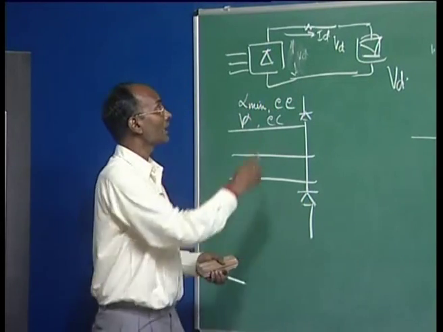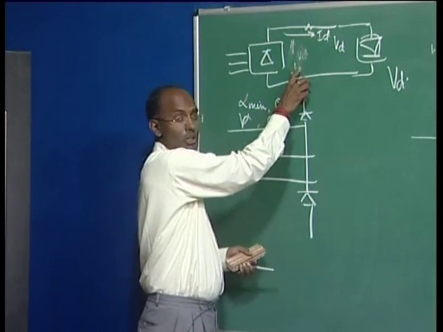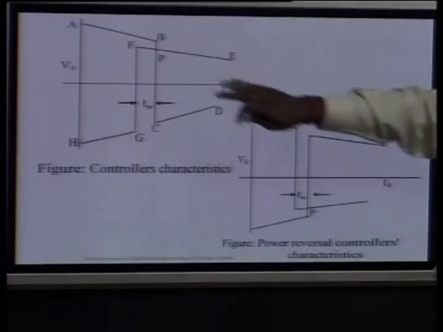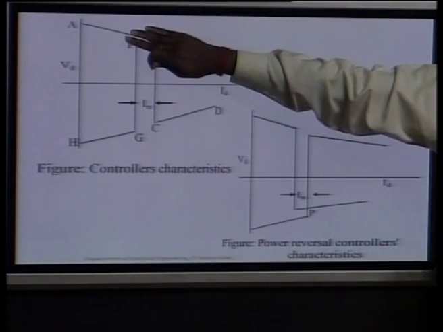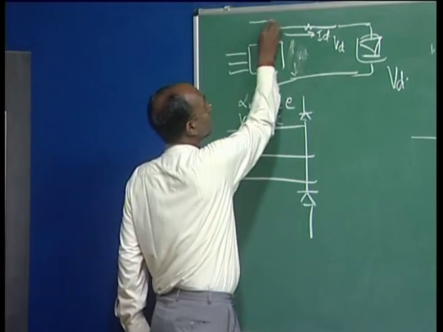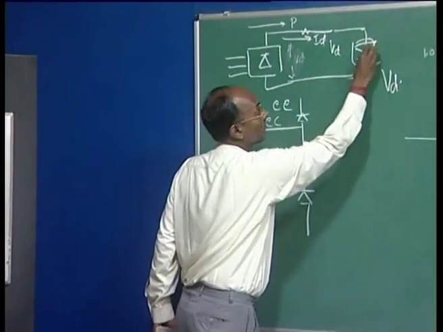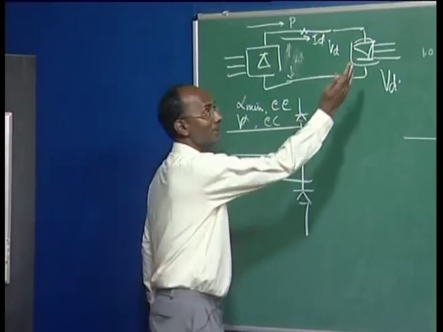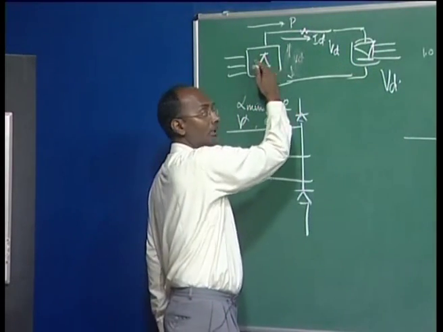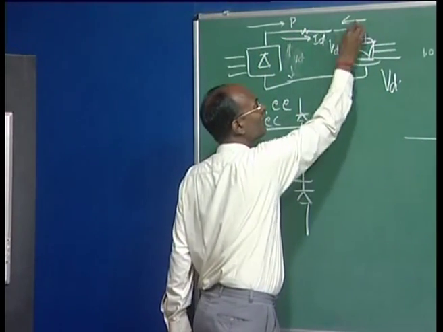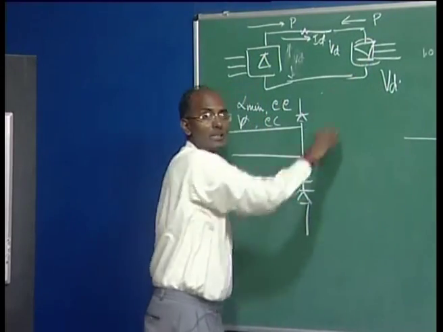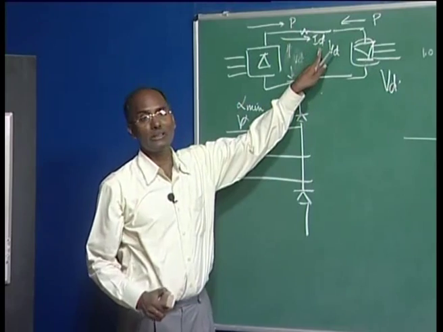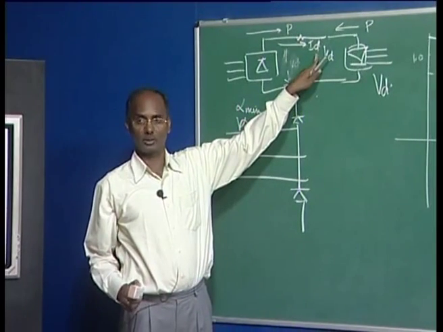So when this was a rectifier, your VD was positive here and the current was flowing here, we had this characteristic on the top. And the power is flowing from this end, this is a power, and going to this end. When the power reversal is required from this end to this end, for the power which is flowing here, we have to change. Now this is operating as a rectifier, and only we have to change the ID setting of the controllers.